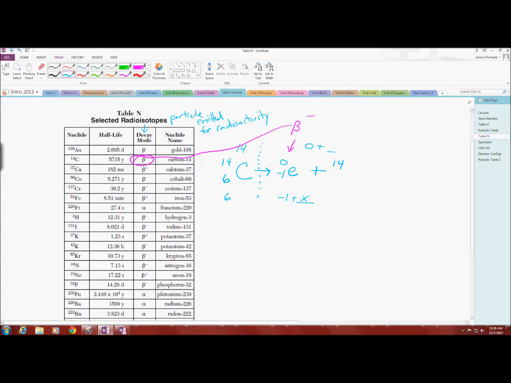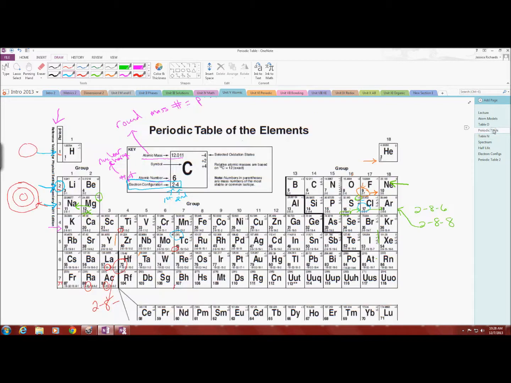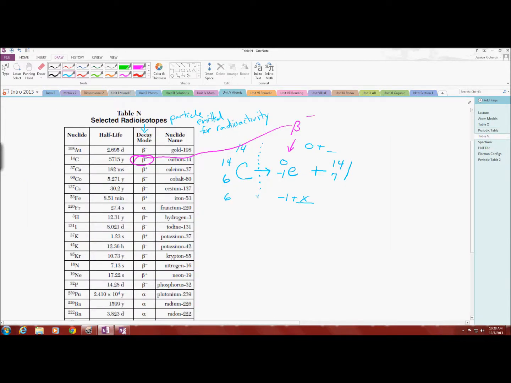So what plus negative 1 gives me 6? 7. Now all I need is my periodic table. Element number 7 is nitrogen, so the symbol that I'm going to use is N. So when carbon-14 decays, it gives off a beta particle and turns into nitrogen.